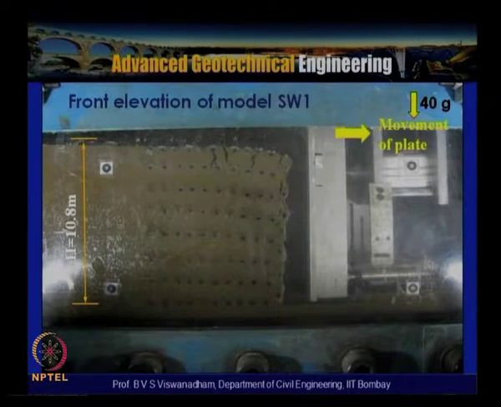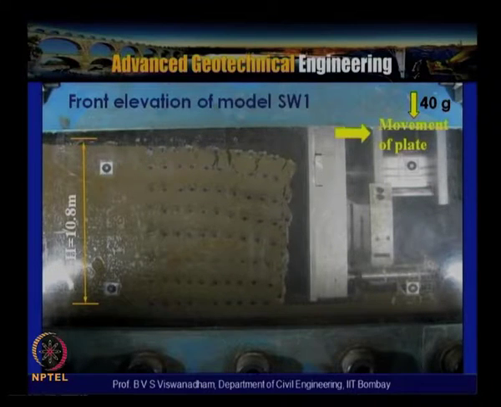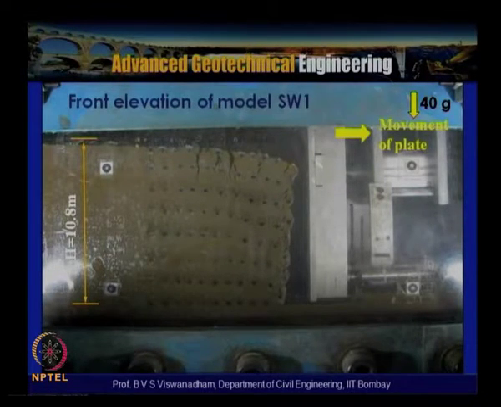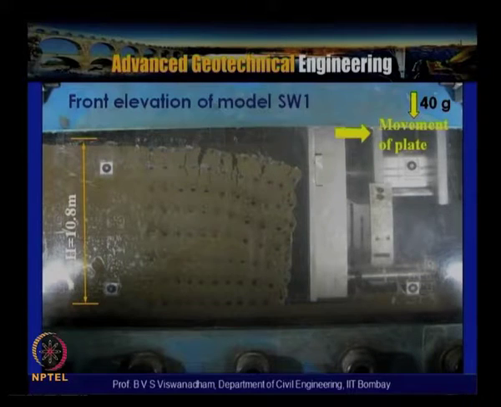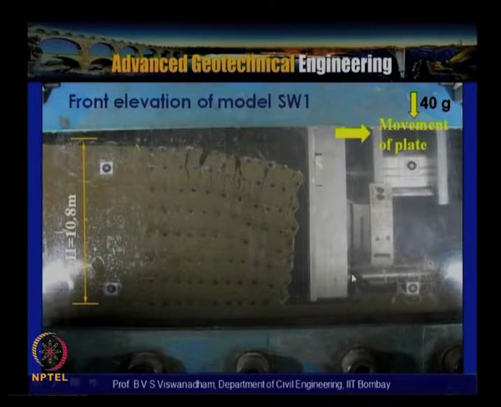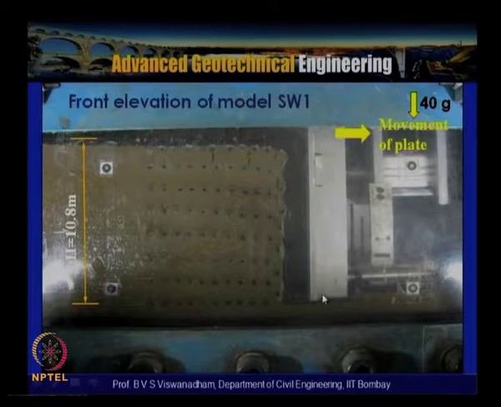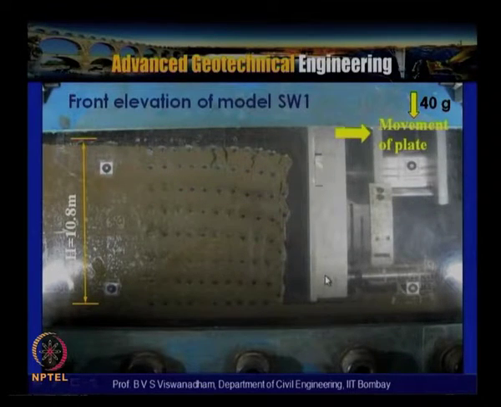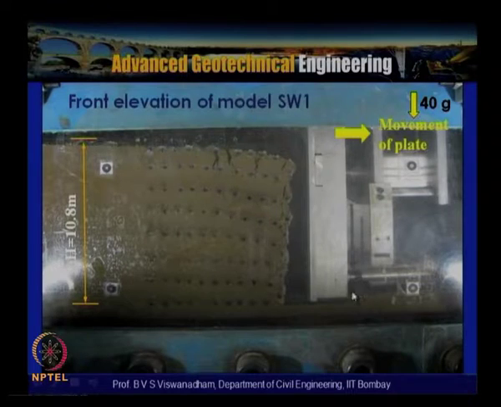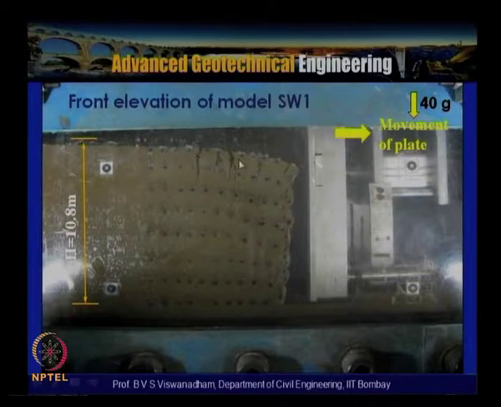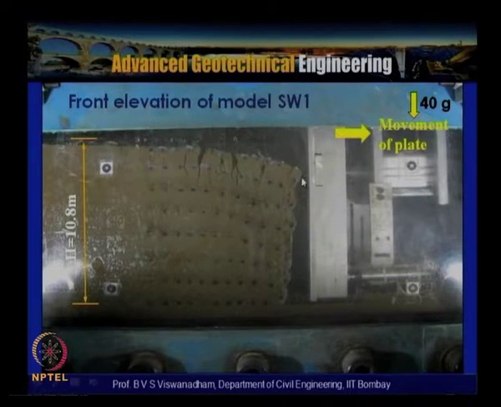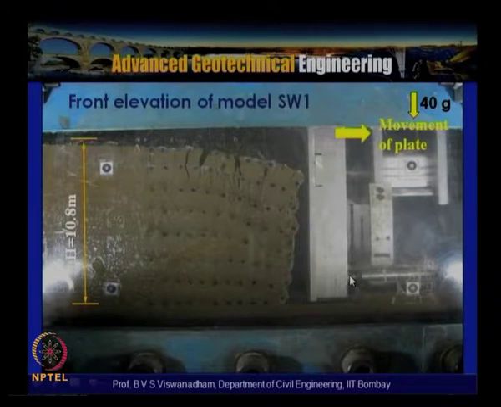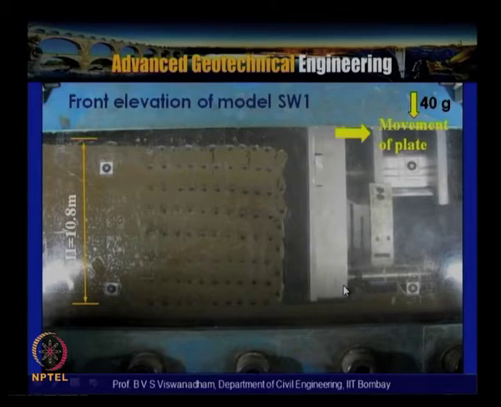The movement of the central wall support system is also monitored using the LVDTs which are placed here, and they measure how much it moves. It moves by about 5 centimeters in a short duration. So we can see how the wall undergoes movement, and this can have an impact on the deformation behavior, and other aspects can be studied.